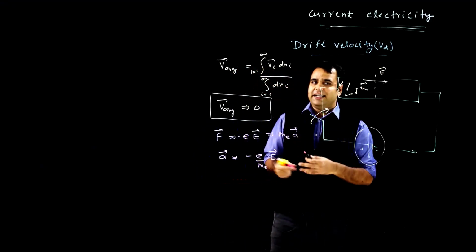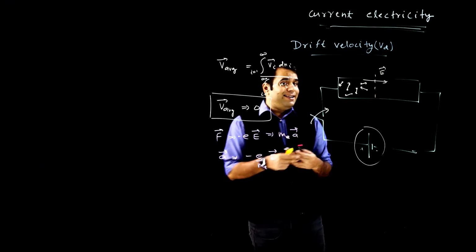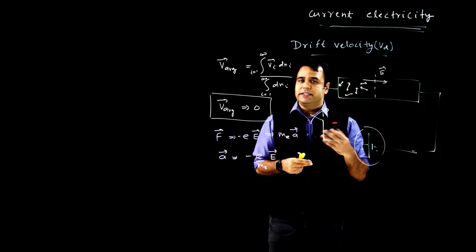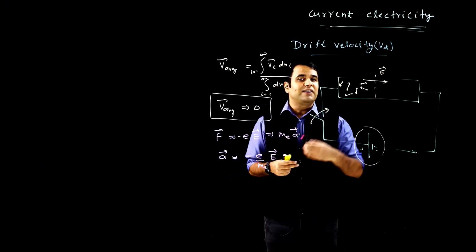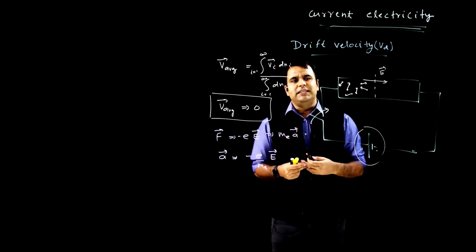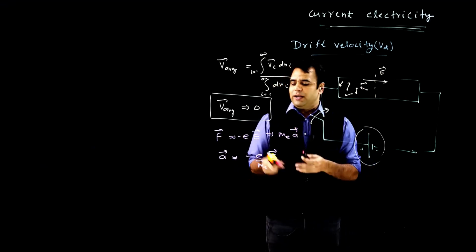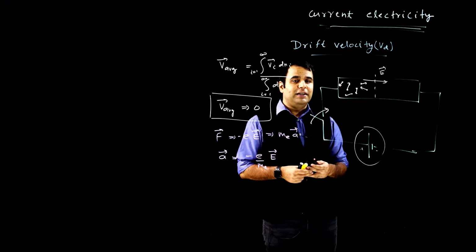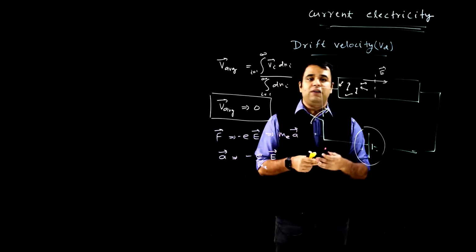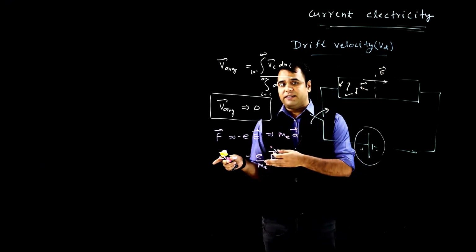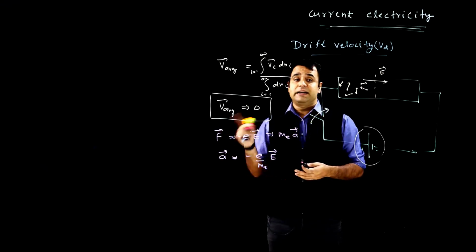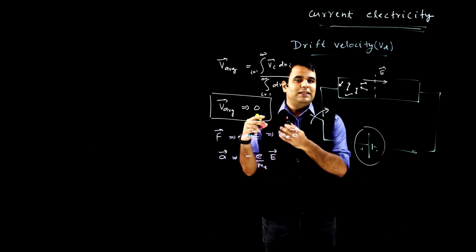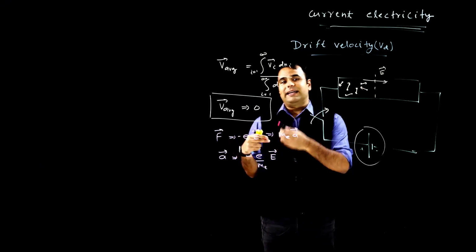Earlier they were moving in random directions. Now they are experiencing a force, and because of that force, they will start feeling a drag. Drag means the particle which was moving in the same direction as the acceleration, its velocity will increase. But the particle which was moving in the opposite direction of acceleration, its direction of velocity is not going to change, but the magnitude of its velocity will decrease.